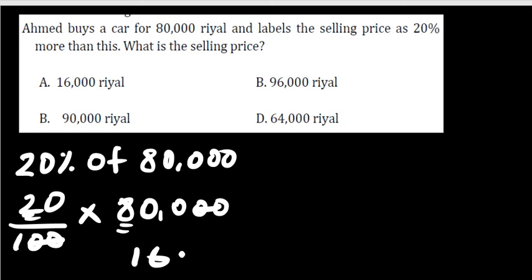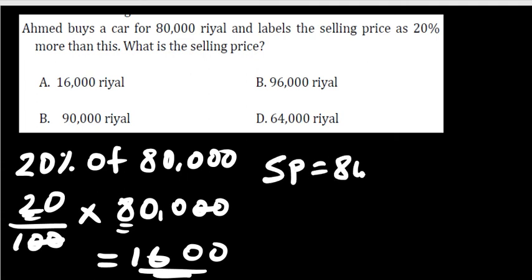Then the 2 zeros bring it, so 1,600. So he had a plan to increase 1,600 real on the cost price. He bought it already for 80,000. Therefore, the selling price will be the 80,000, this is the cost price, the buying price, plus 20% more, the 20% we got already, 1,600.